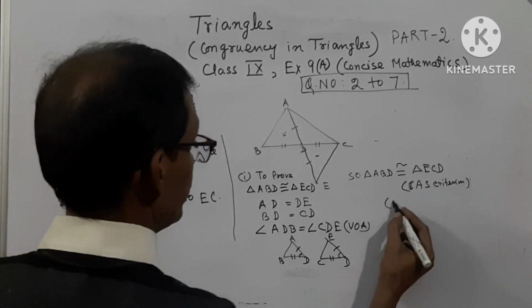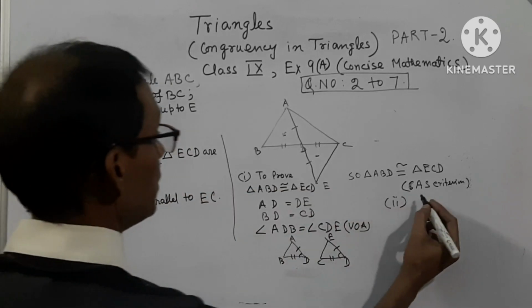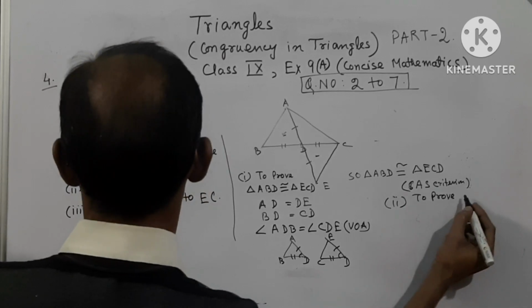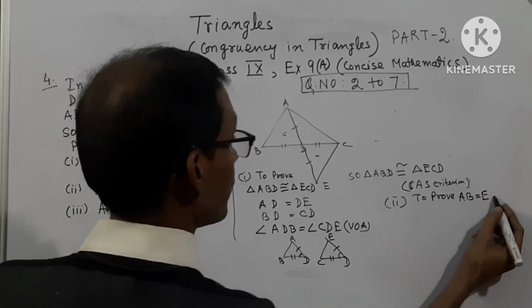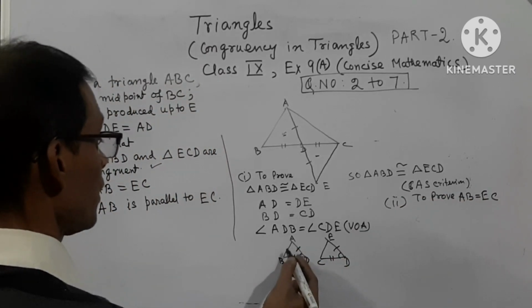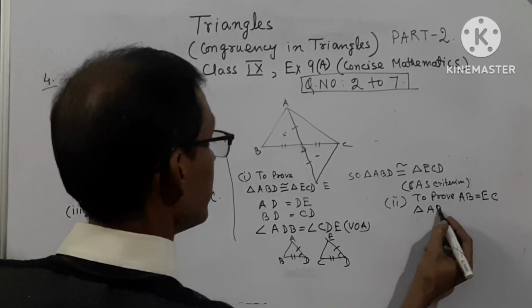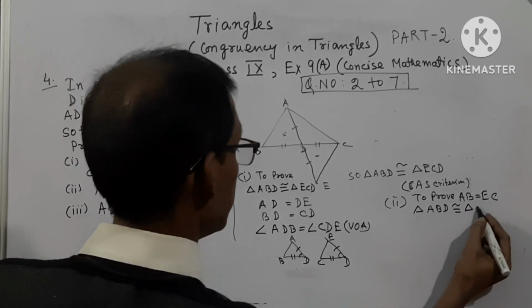Second one, you have to prove that AB equal to EC. Here only you can see triangle ABD congruent to triangle ECD.